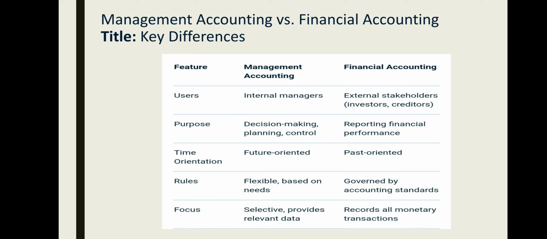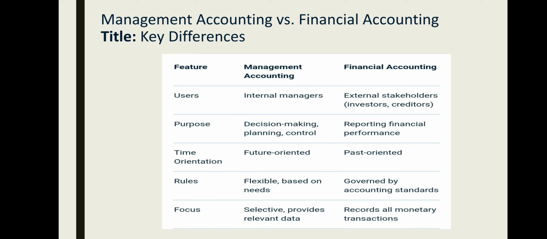Next one is purpose. What is the purpose of both accounting? Management accounting has a purpose of decision making, planning, control. As we have discussed, management accounting is helpful in taking various decisions, to make plans and to control in the organization. On the other hand, financial accounting has the main purpose of reporting the financial performance of the organization, in which different financial statements are prepared.